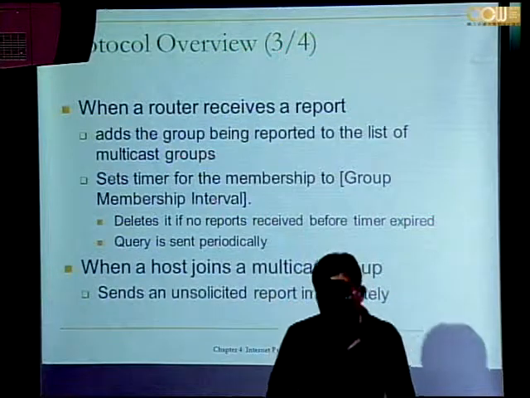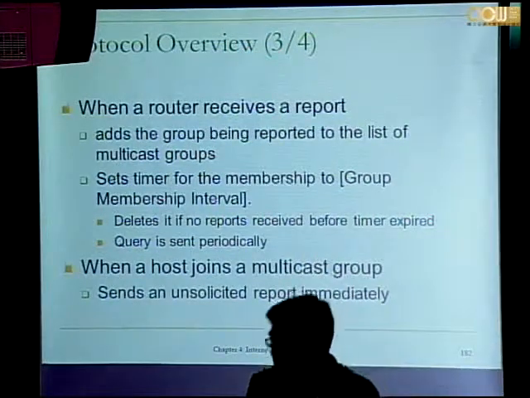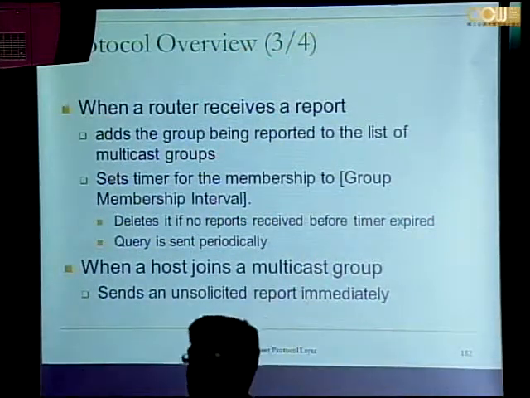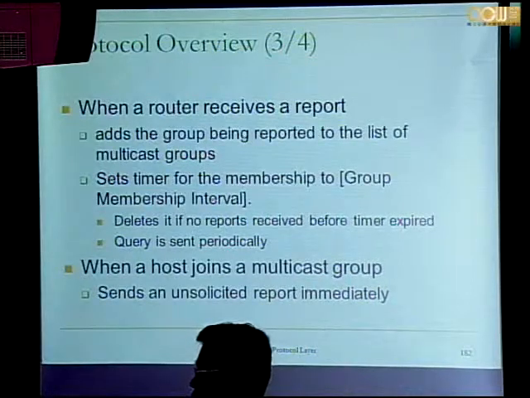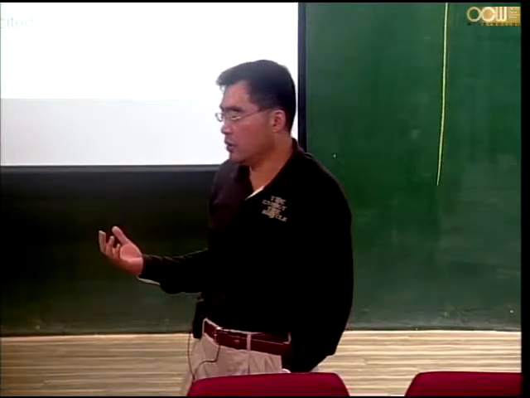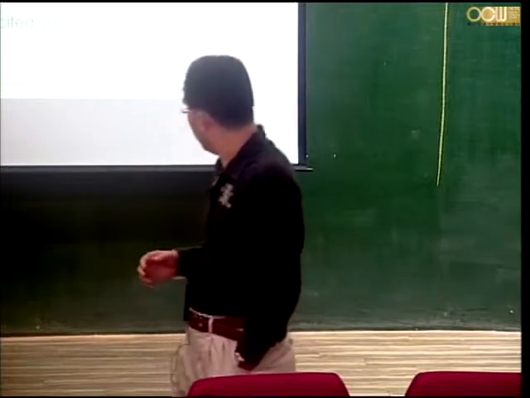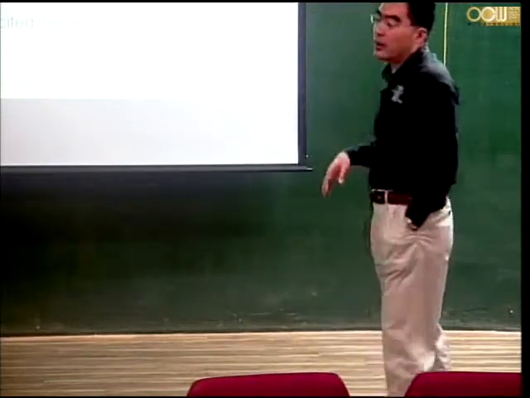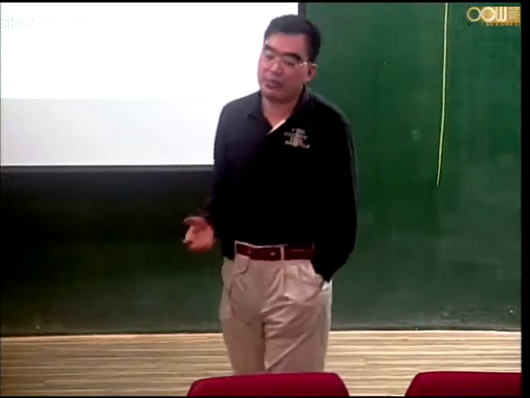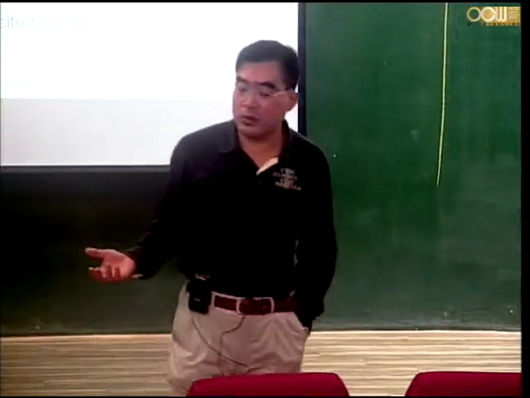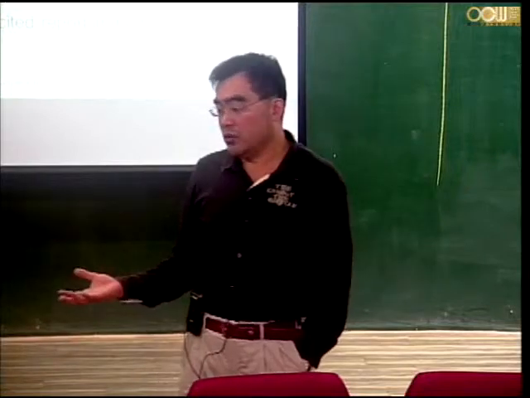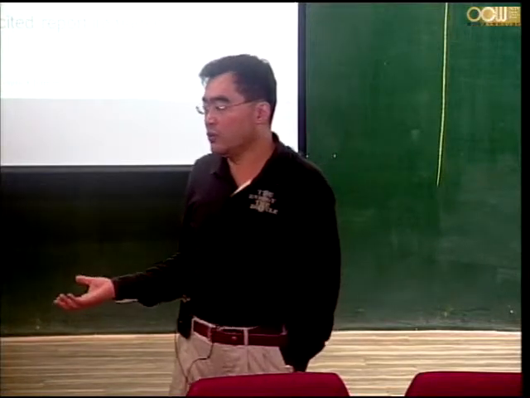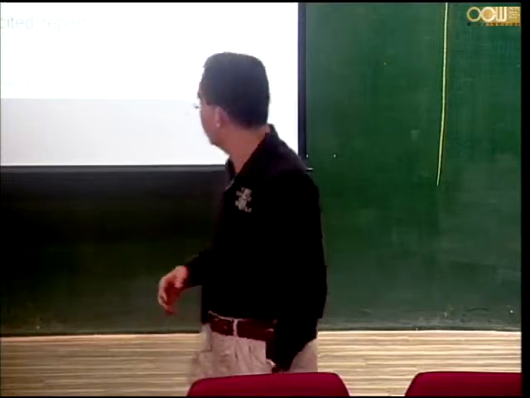It's possible that the router already knows that there are hosts belonging to that group. So you tell me again, and that information is kind of redundant, which is fine. But if there are no hosts belonging to the same multicast group, then this information is very useful, because you are the first who belongs to that particular class D address.